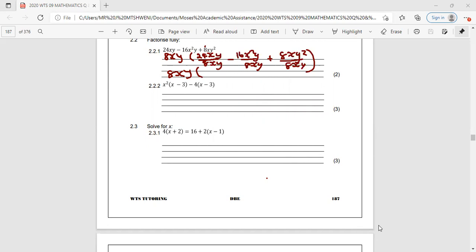It's 3. 24 divided by 8, get 3. X cancel X. Y cancels Y. So the only common factor here is 3. I mean, when you divide, you'll be left with 3, not the common factor. You'll be left with 3. Minus 16 divided by 8. You get what? 2.